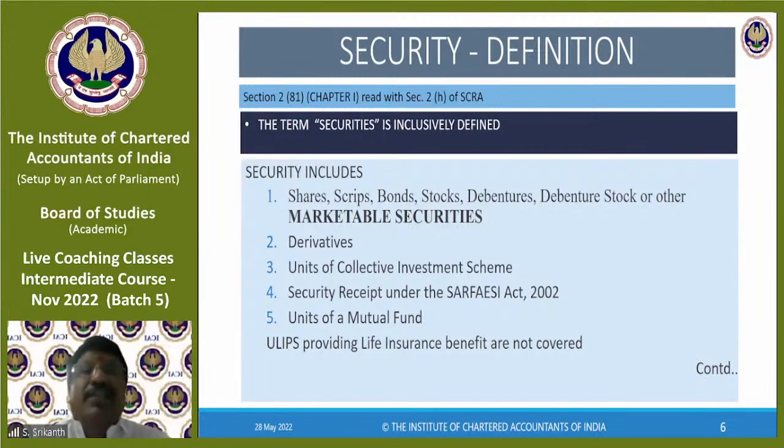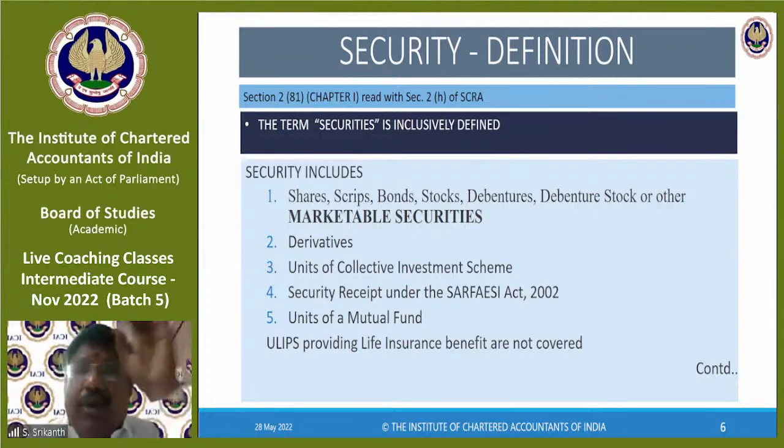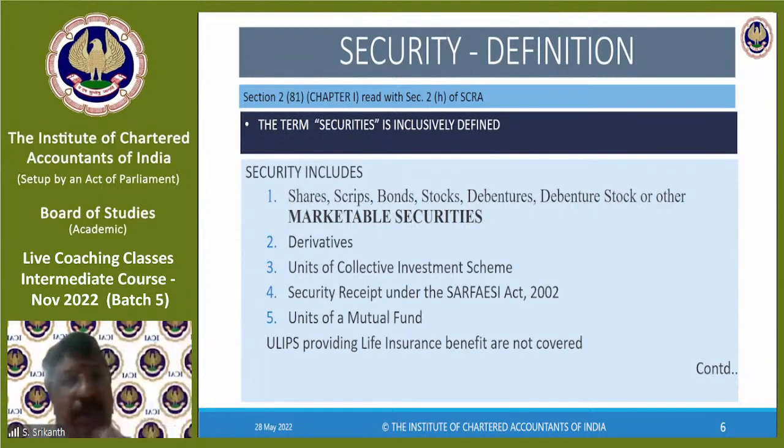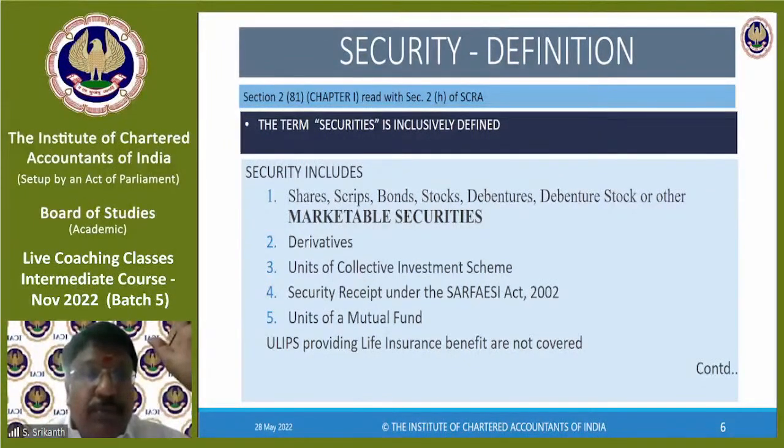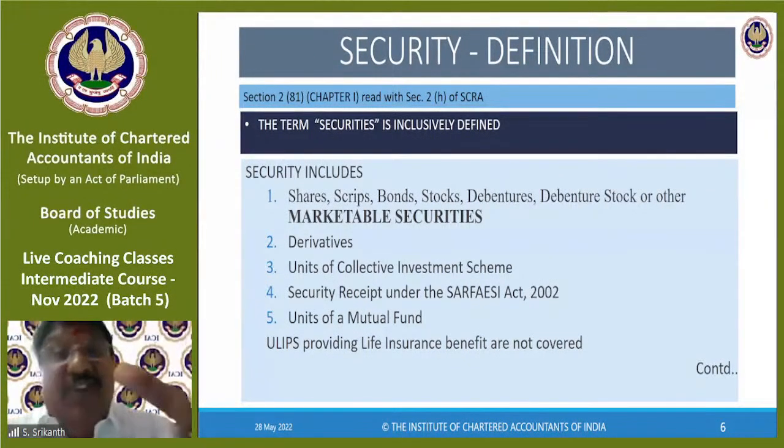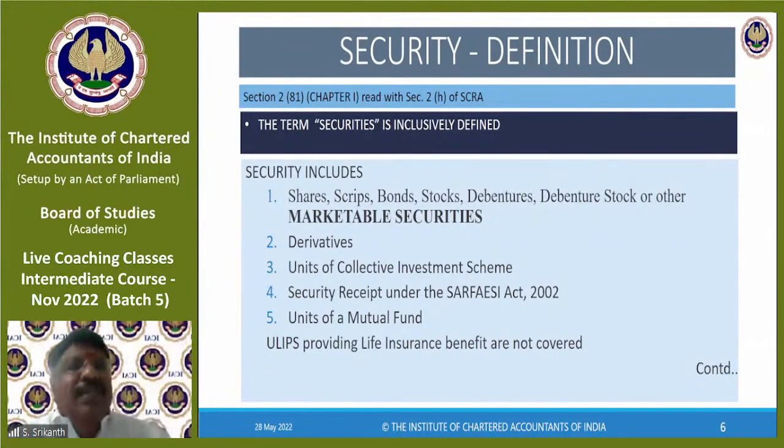The Securities Contracts Regulation Act deals with listing of securities, control of stock exchanges and all that stuff. That Act only defines it. Whenever you see the word security, remember, there will be a link with SCRA. Either the section will itself say security shall have the same meaning as given in the Securities Contracts Regulation Act, Section 2(h), or as in FEMA, they may define it, but broadly in the same way as SCRA. Now, the definition of security is an inclusive definition.